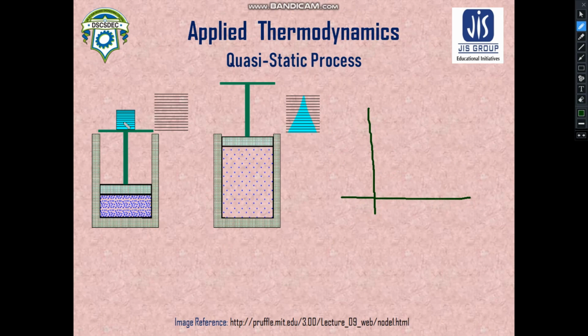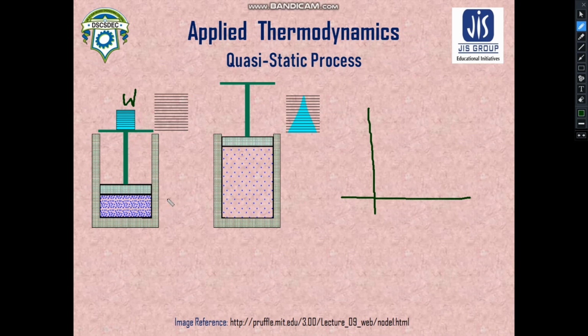As I have explained earlier, there is a certain weight W over here, and this weight W is divided into numerous smaller weights. It is quite understandable that these individual weights are much lesser. So if we start removing these lesser weights one by one, then what will happen? The piston will start moving in the upward direction.